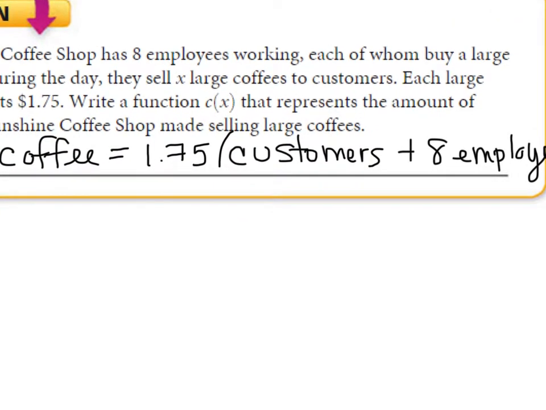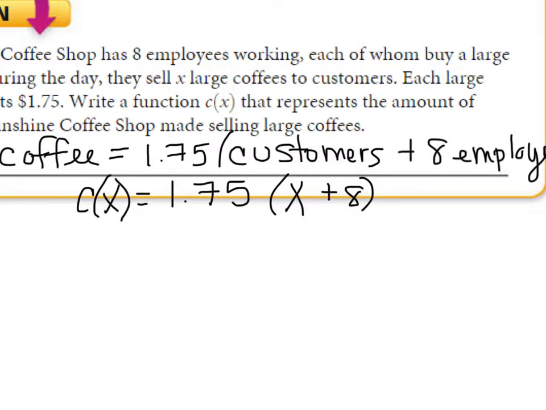Well, we are not aware of how many customers come throughout the day, and I'm sure that's a number that would vary. So that's why they say to call that X. We do know for sure that every morning they're guaranteed 8 sales from their employees, and they're charging the customers, which we don't know how many, and the 8 employees $1.75, which is our C of X. Well, we could go ahead and simplify this and distribute that 1.75.